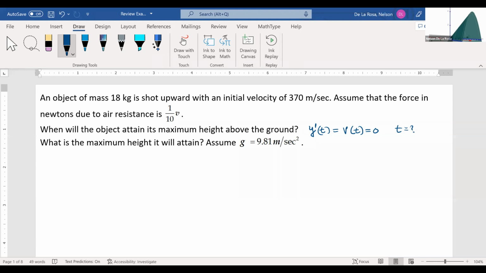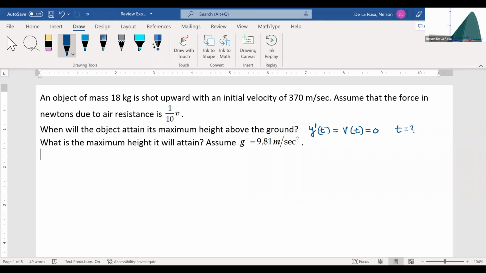And then for the second part, the maximum height will occur at that specific time. So we need to find the expression for the distance, and then evaluate it at the value of t we found in the first part of the problem.